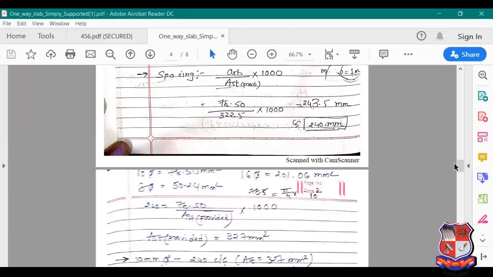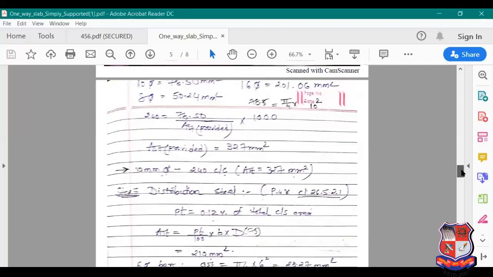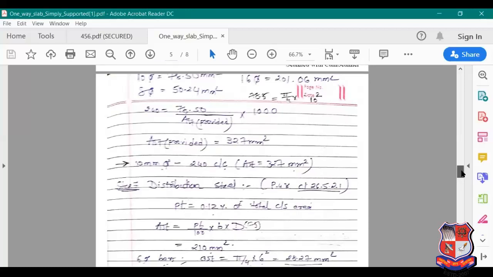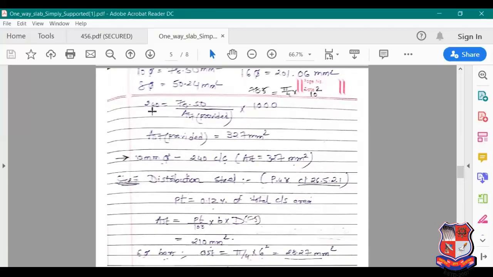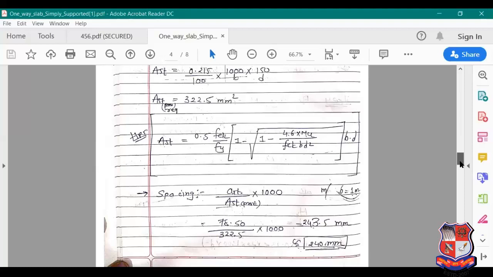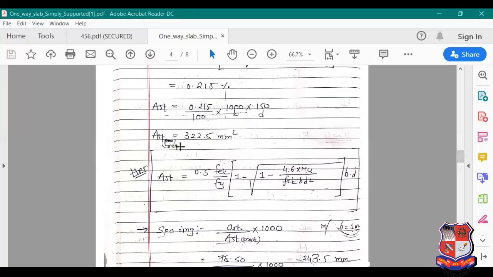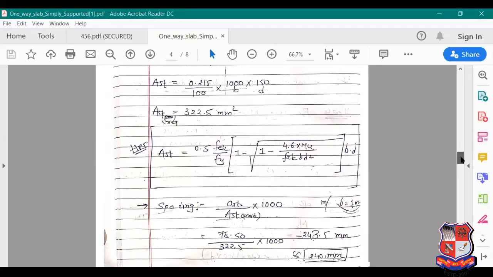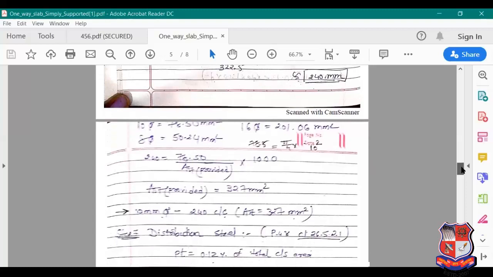Just reverse this thing and find out, if it is 240 mm, what will be the area provided. There is a difference between area required and area provided. This is my area required according to my calculation, and what I am providing, considering limit state design, is called area provided.